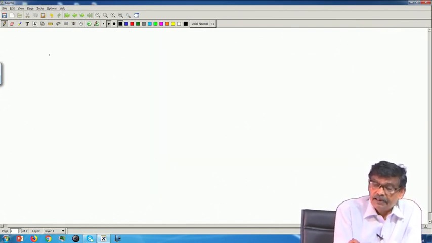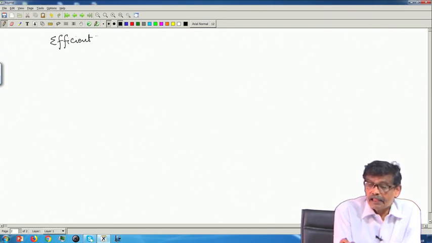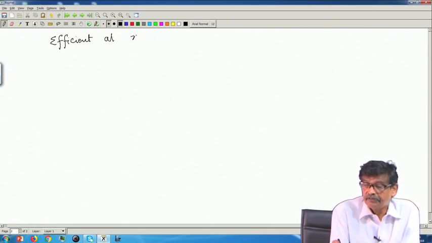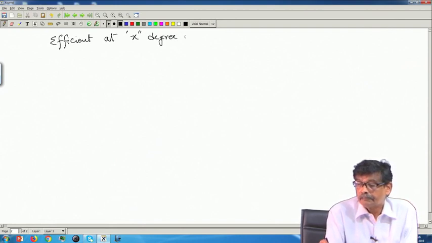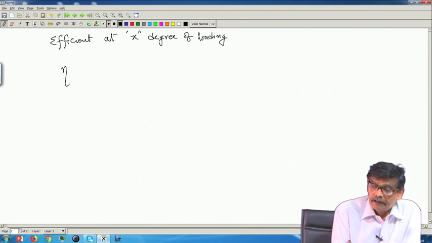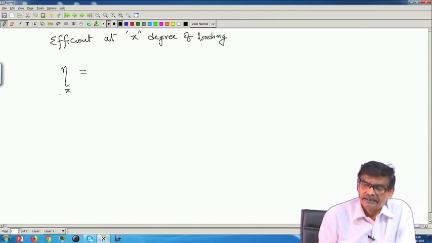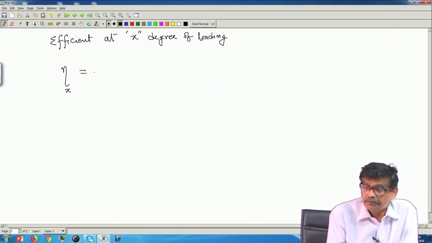Then efficiency at x degree of loading, I denoted it by this x suffix, will be equal to output kilowatt by input kilowatt.